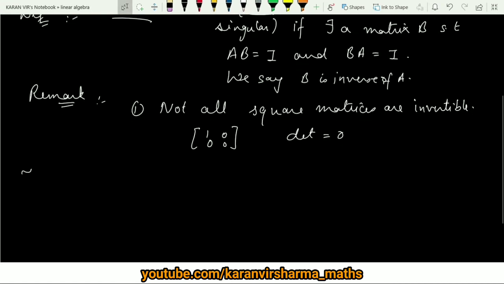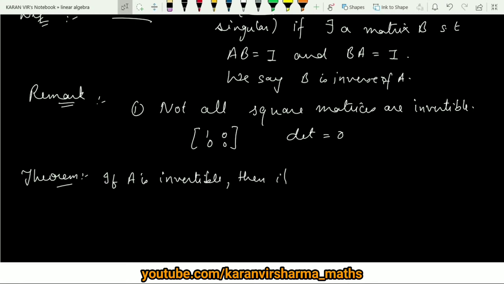You should be very clear with this theorem. The theorem states that if A is invertible, then its inverse is unique. So the inverse is always unique.